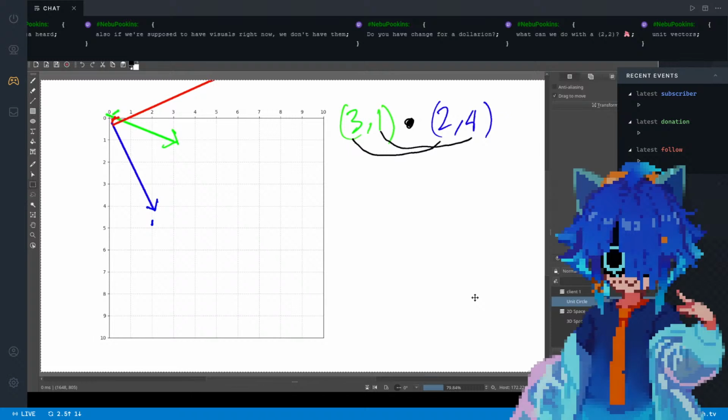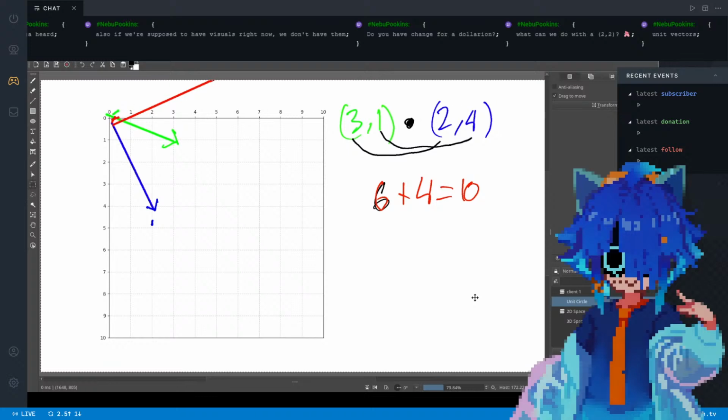So what is 3 times 2? That would be 6. And what is 1 times 4? That would be 4. And we add them up to wind up with the number 10.